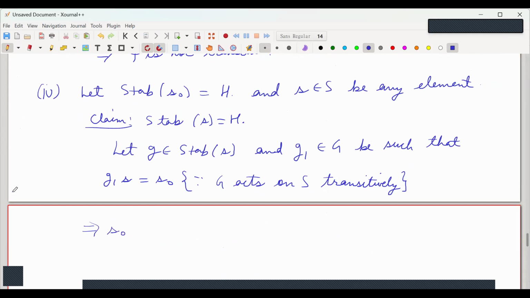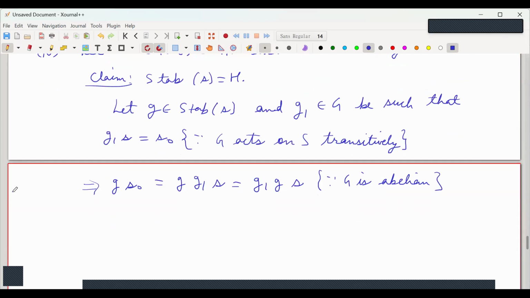We need to show that g is inside H, which is the stabilizer of S naught. So g should stabilize S naught. We need to prove that g of S naught is S naught again. But S naught is g1 s, so g of g1 s, and since G is abelian, this is g1 of g of s.